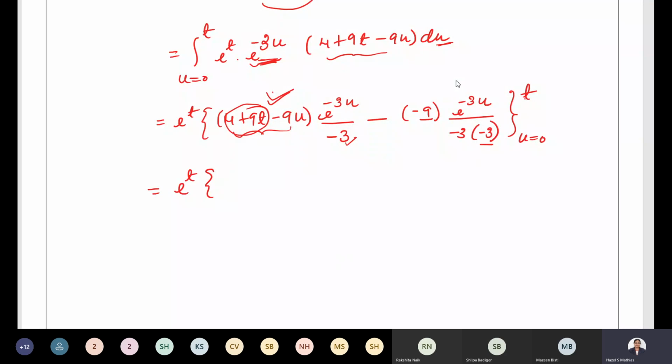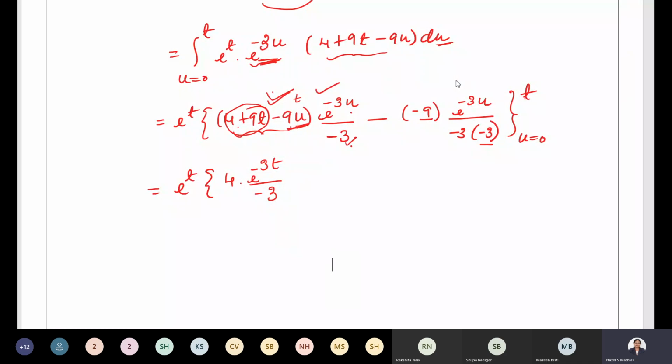If you put t in place of u, what happens? 9t minus 9t will be 0. So you will get 4 into e power minus 3t divided by minus 3. This is the upper limit when it is put to this term. That means u has to be replaced by t. So when you put u as t, 9t minus 9t cancels. 4 into e power minus 3t divided by minus 3 remains.